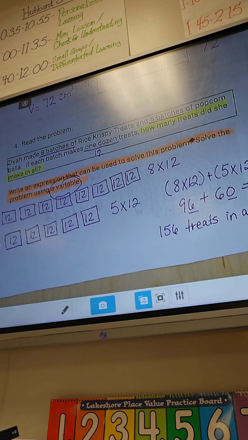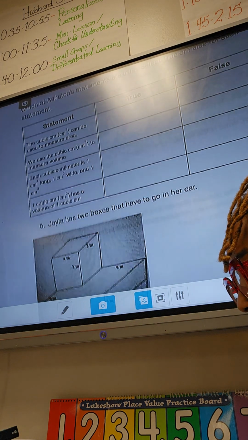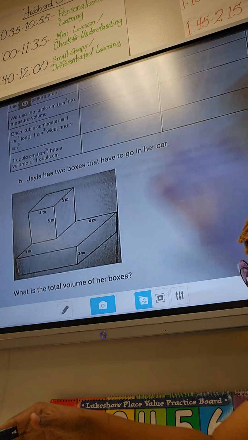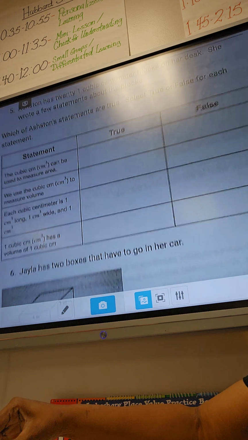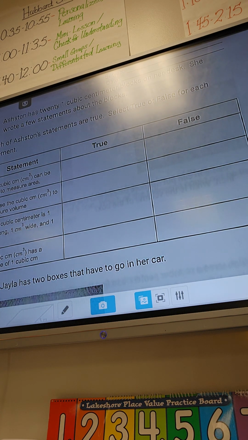All right, number 5. Number 5. This one we did together earlier as a do now. Ashton has 20 1 cubic centimeter blocks in her desk.